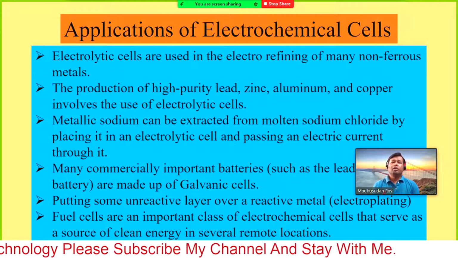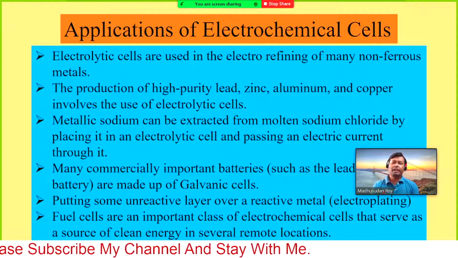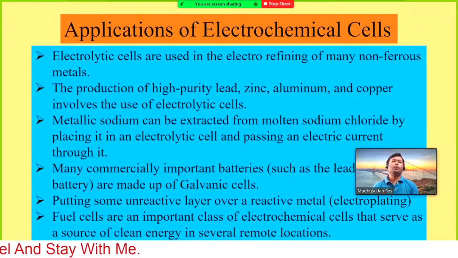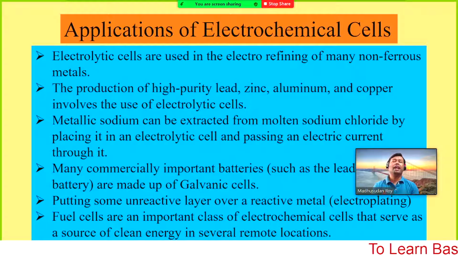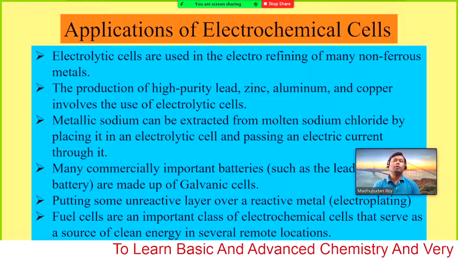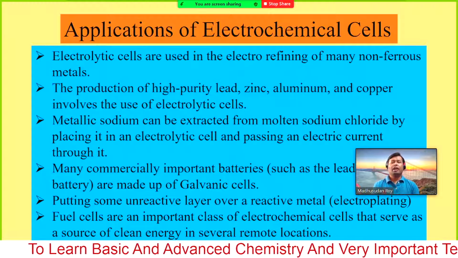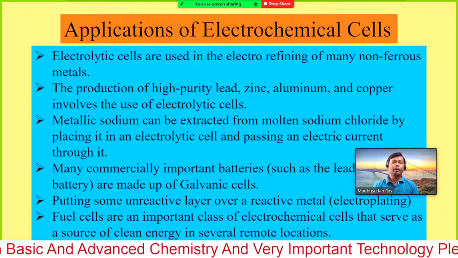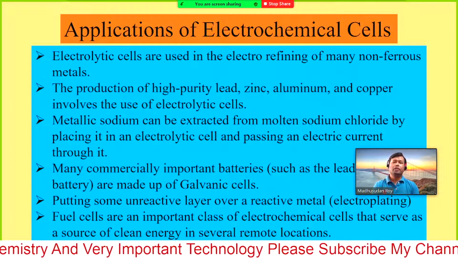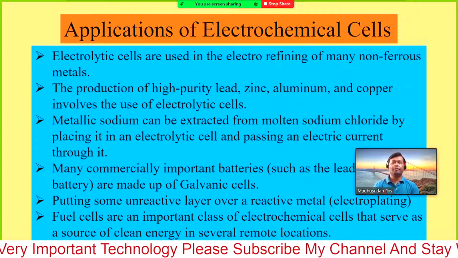So we can use these types of electrolytic cells to get lead, zinc, aluminium and copper metal highly purified. Sometimes you can get around 99.999% pure. In the last class we mentioned we can get germanium at 99 point after the decimal 49, so that type of purity we may need sometimes.